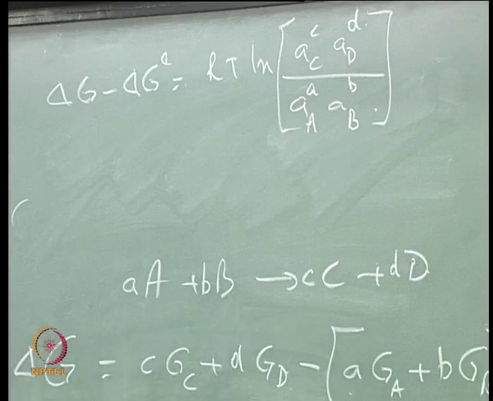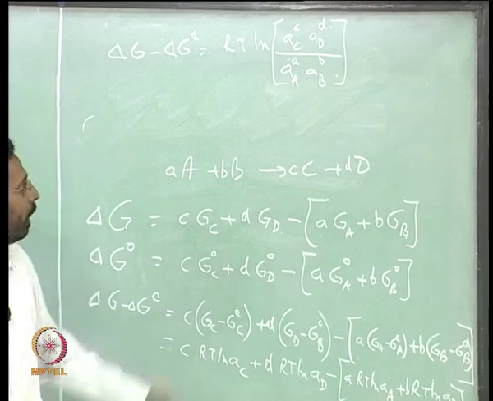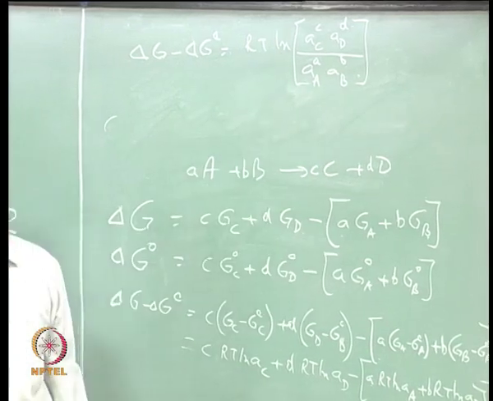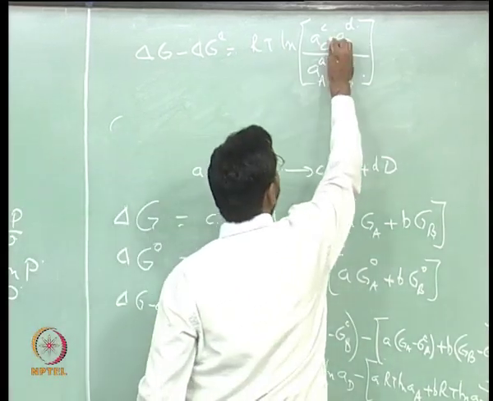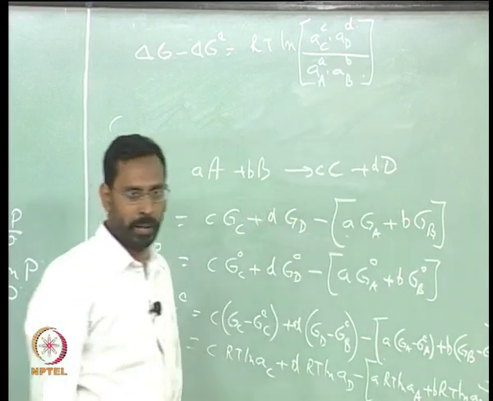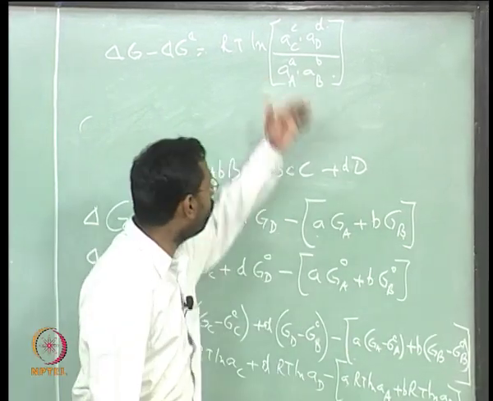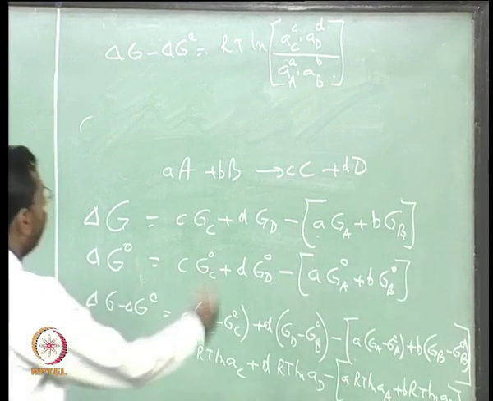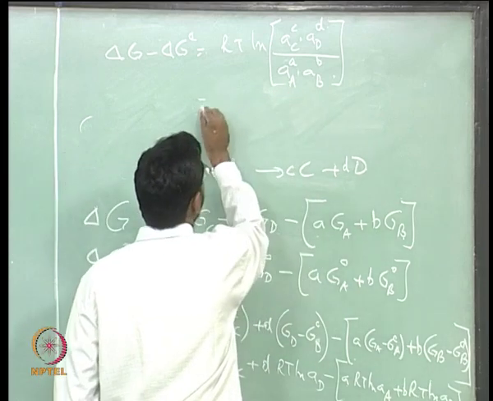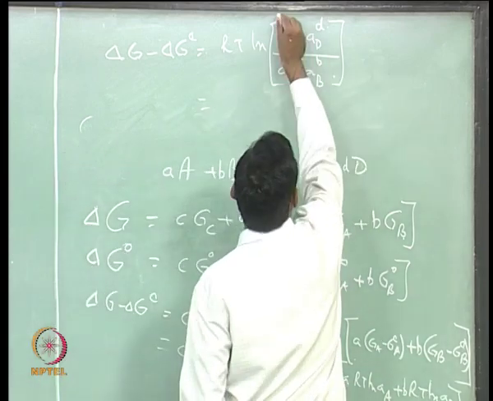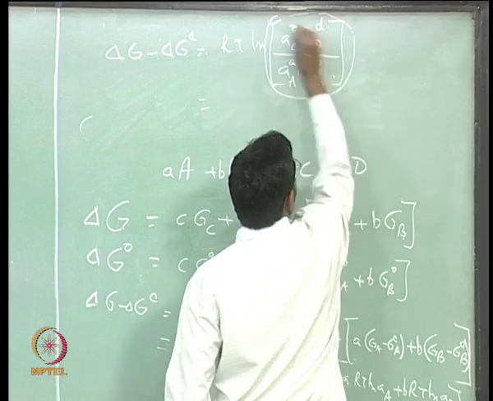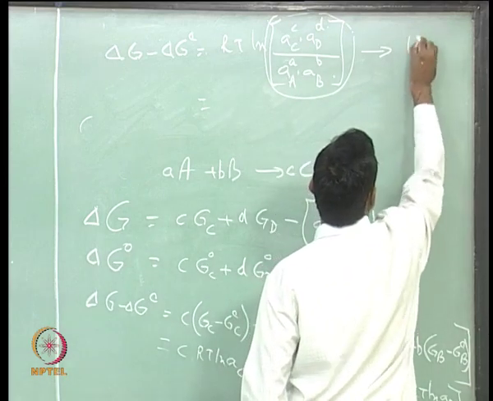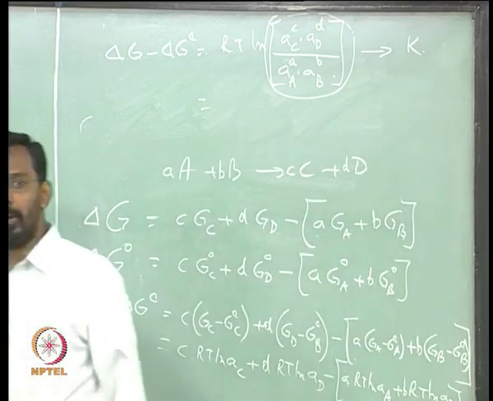Are we right? Because these are ln's, we can take the ln out and then do multiplication. Here you are simply multiplying, and because this is negative, it comes to the denominator, positive is in the numerator. This bracketed item is what we call K, the equilibrium constant.